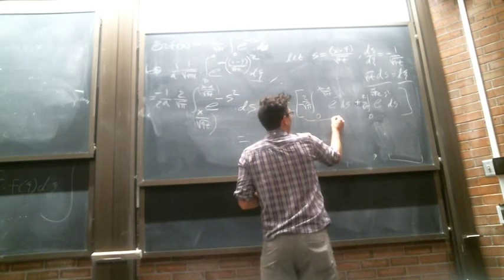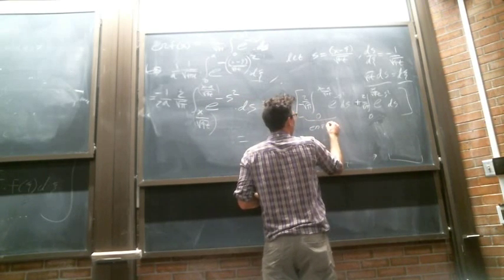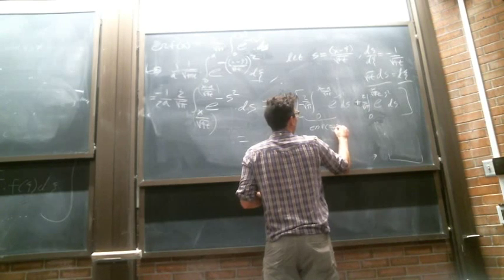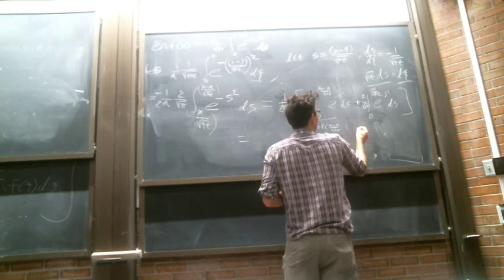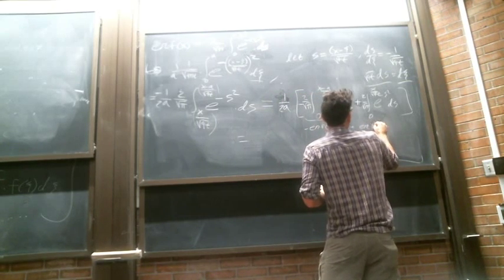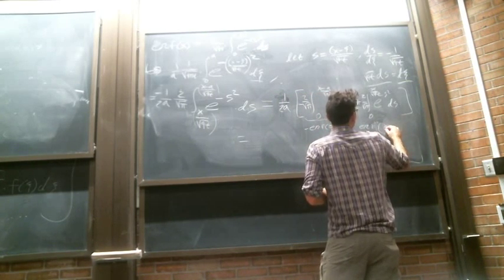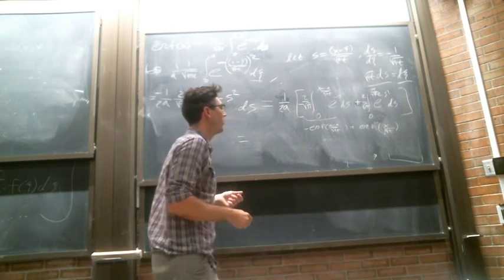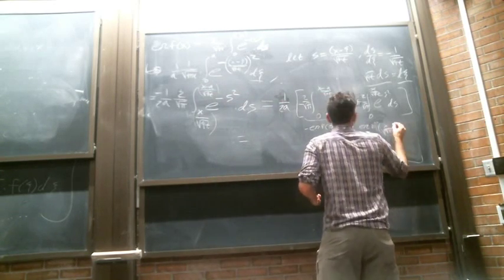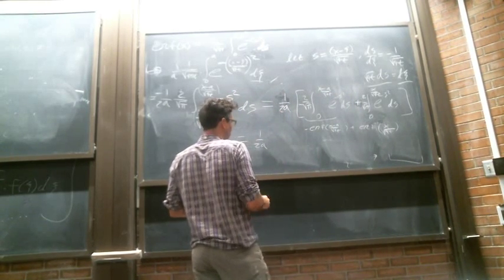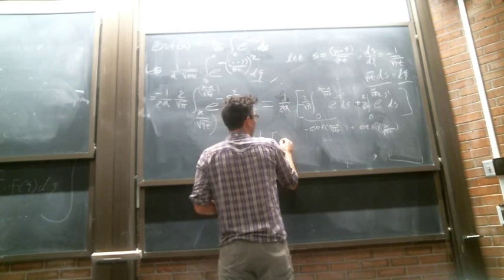So this is erf of (x minus a) over root 4t, minus erf plus erf of x over root 4t. Or over root 4t, sorry. Okay, so the answer is 1 over 2a.